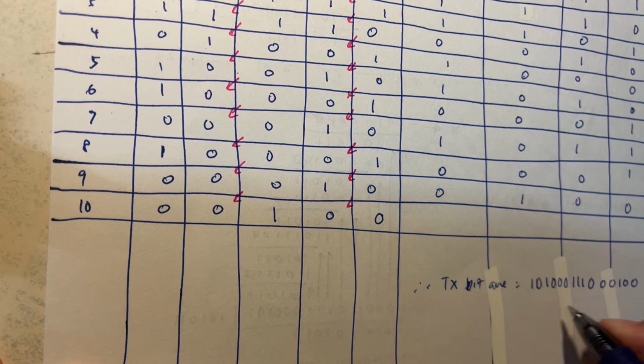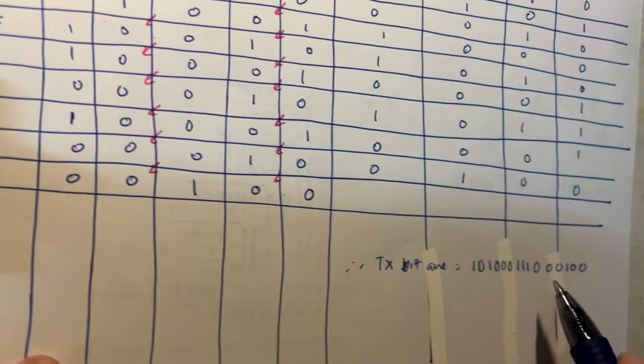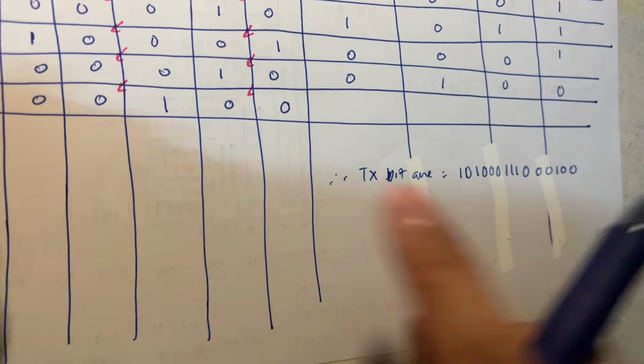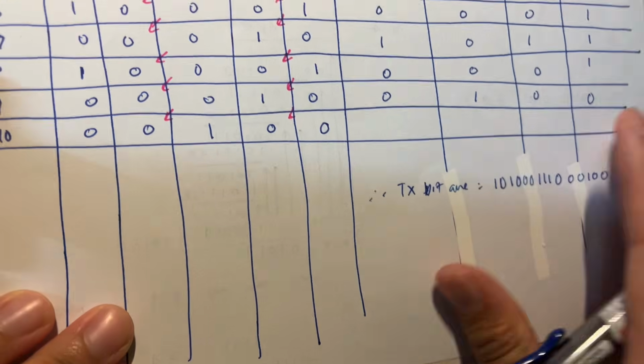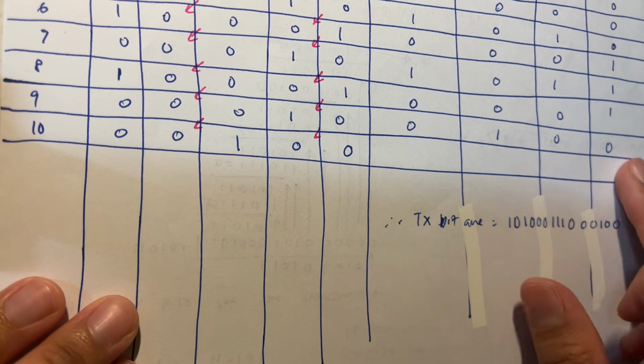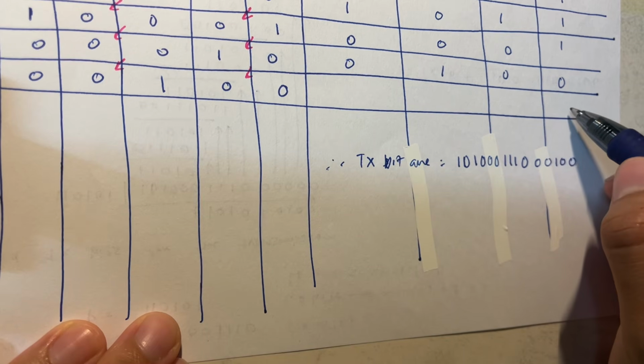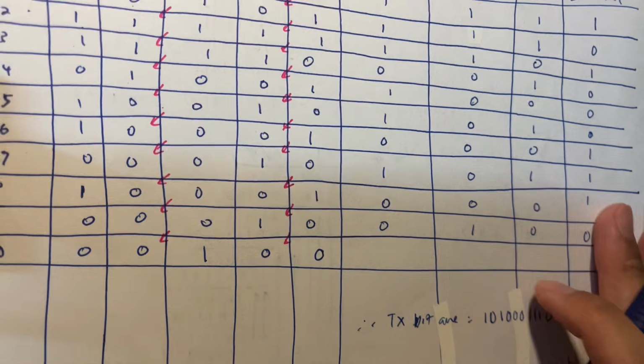So these are all the bits that will be transmitted. Why does it end here? Because you don't have anything else to do the operation with. Basically, there are no bits left here. Hope that helps.